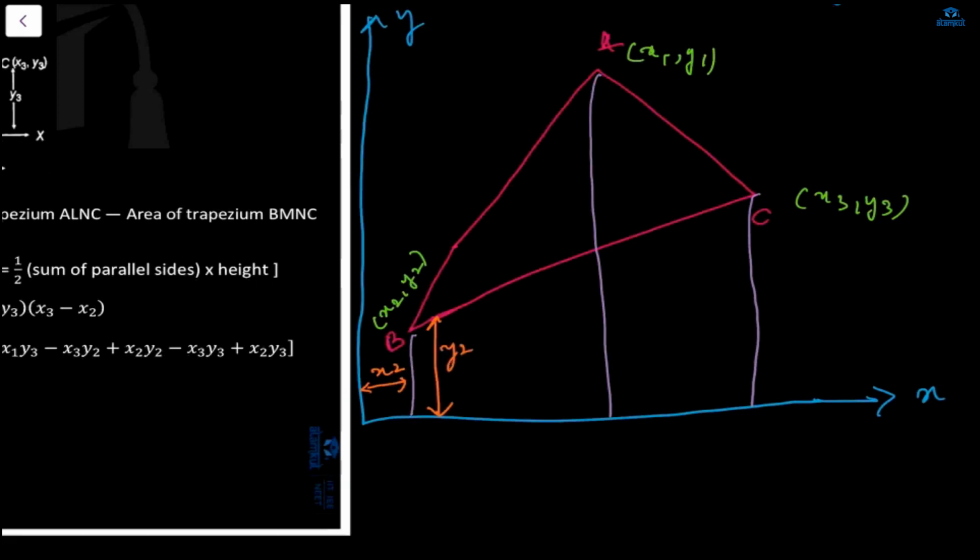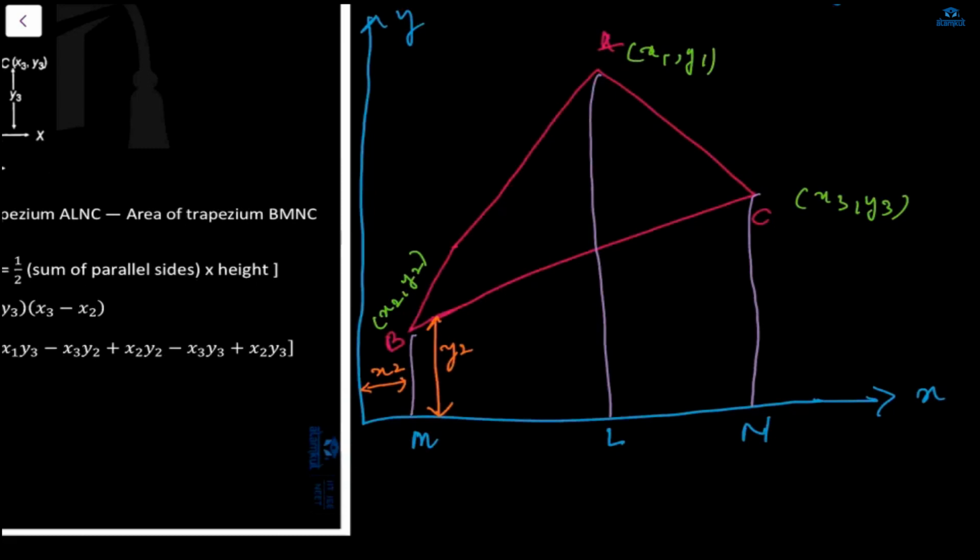A is from here to here. Let me mark the values first, and the feet of the perpendiculars from A, B, C we can mark as L, M, and N.